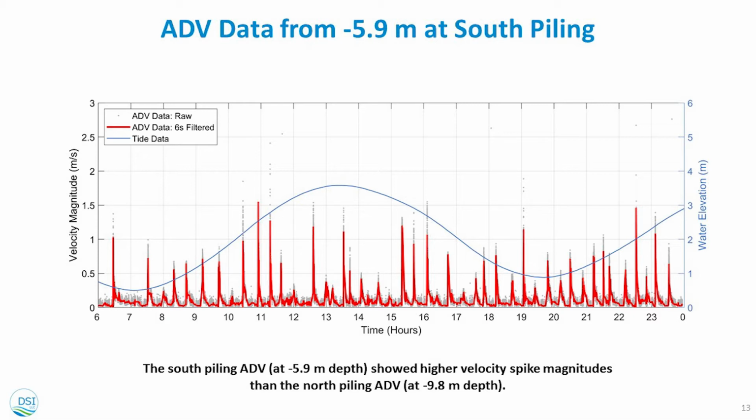Secondly, you see a correspondence between peak jet velocities and tide. Interestingly, at higher tide, the jet velocities are generally higher than they are at low tide, and this is all associated with the depth of the propeller, the ship, and the draft as that velocity jet intersects with the ADV.